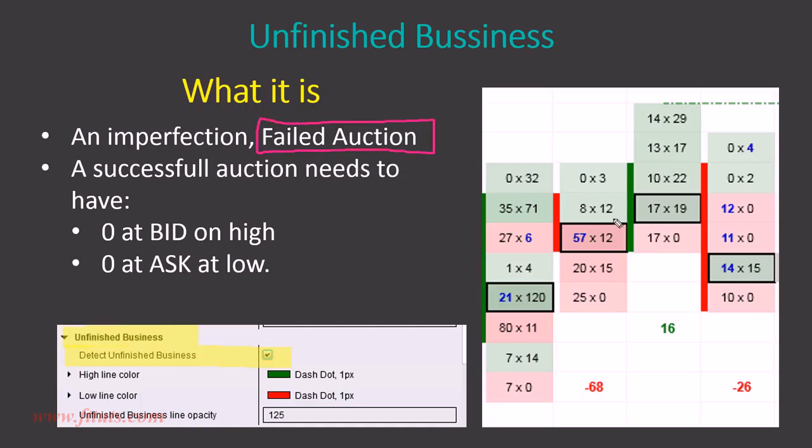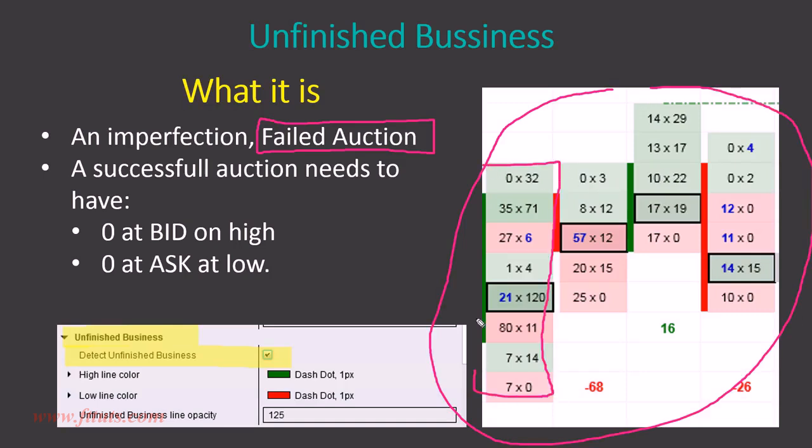Now, if you look at those footprints in here, then this footprint and this one show successful auction.